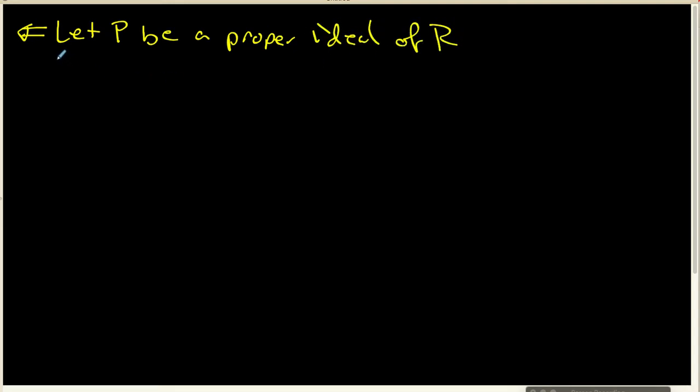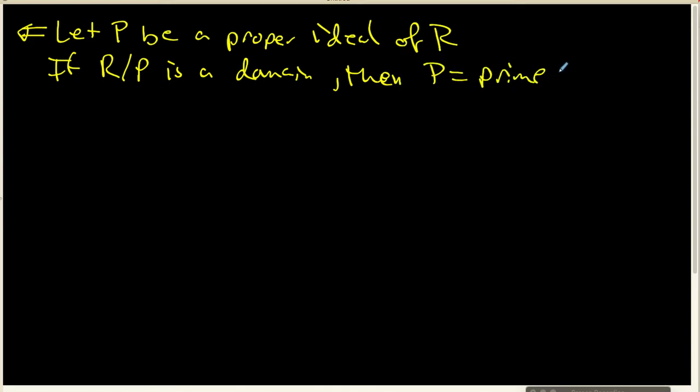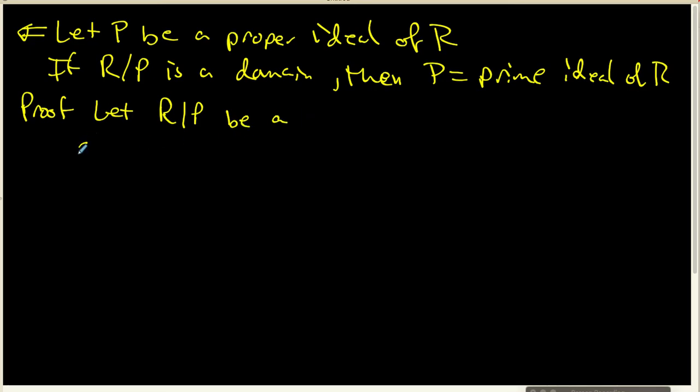So we're now ready to prove the backwards direction of our theorem. And the backwards direction states that if we let P be a proper ideal of R, and if R mod P is a domain, then P is a prime ideal of R. And our proof, of course, is going to start with the assumption that we're going to let R mod P be a domain.